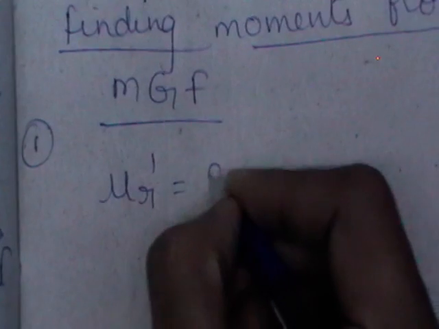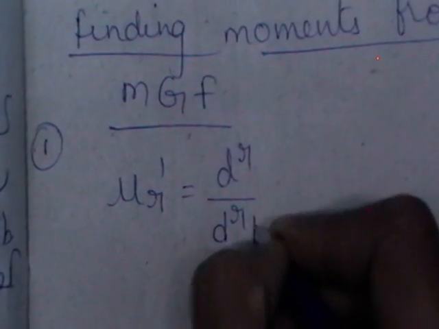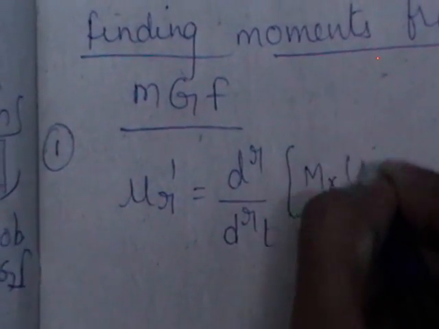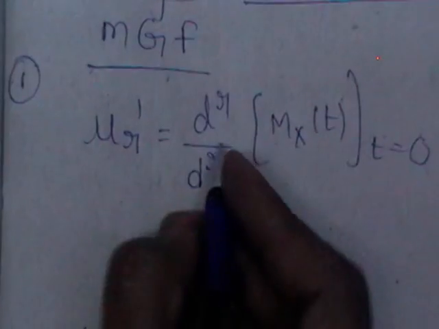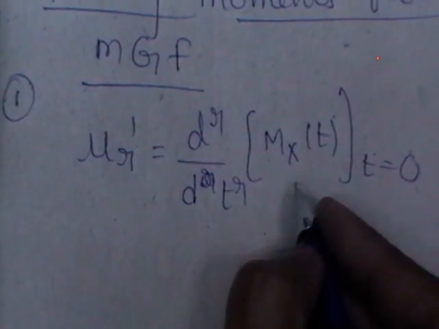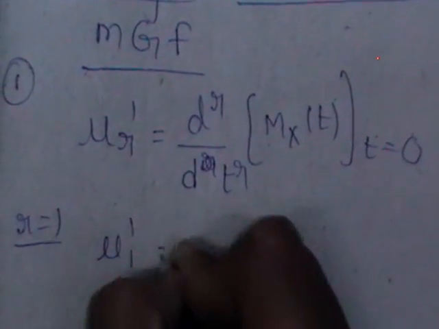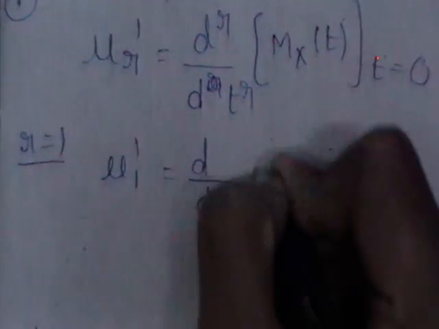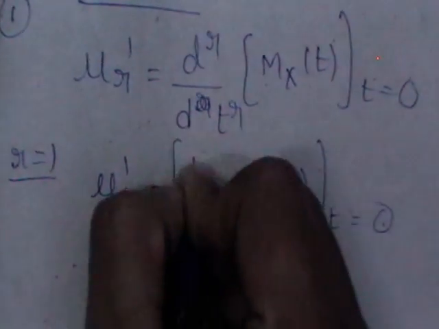Mu r dash is nothing but you find the derivative with respect to t and put t equal to 0 in that. So d power r by dt power r of M_X(t) at t equal to 0. To get mu1 dash, find the first derivative of the moment generating function and at last put t equal to 0.